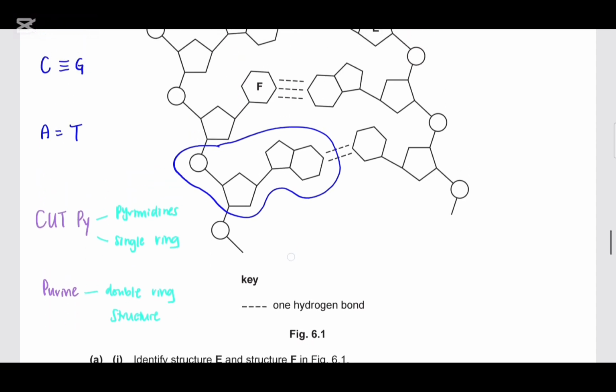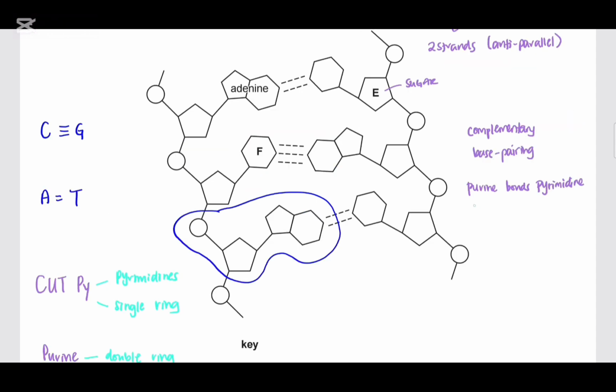According to the complementary base pairing rule, a purine will form a bond with a pyrimidine.